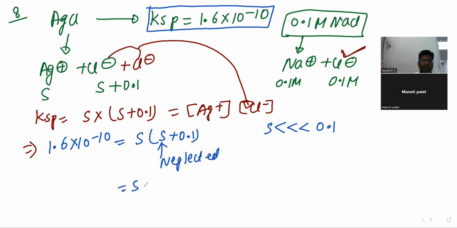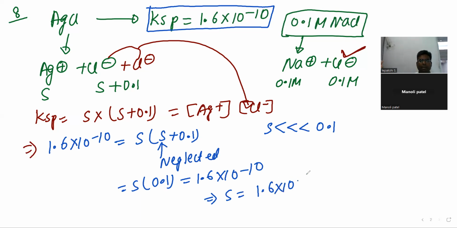So it will become S into 0.1 equal to 1.6 × 10^-10. Divide by 0.1, so S will be equal to 1.6 × 10^-10 divided by 0.1. Your answer will be 1.6 × 10^-9.